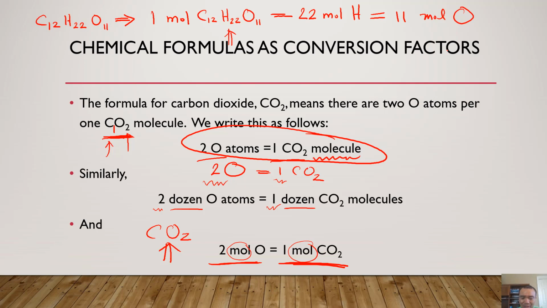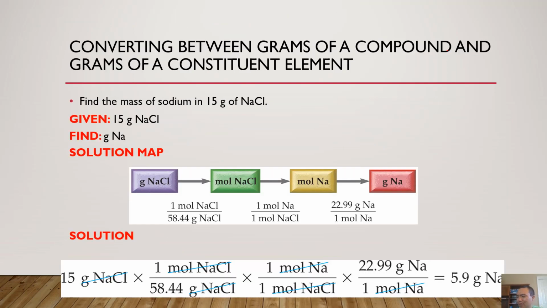So let's see how we can use this kind of relationship and do a calculation. In this example, we ask you to find the mass of sodium in 15 grams of sodium chloride. Now over here, I want you to pay special attention. You have NaCl to begin with. We have grams of that. Now we ask you to convert this to the mass of a different thing.